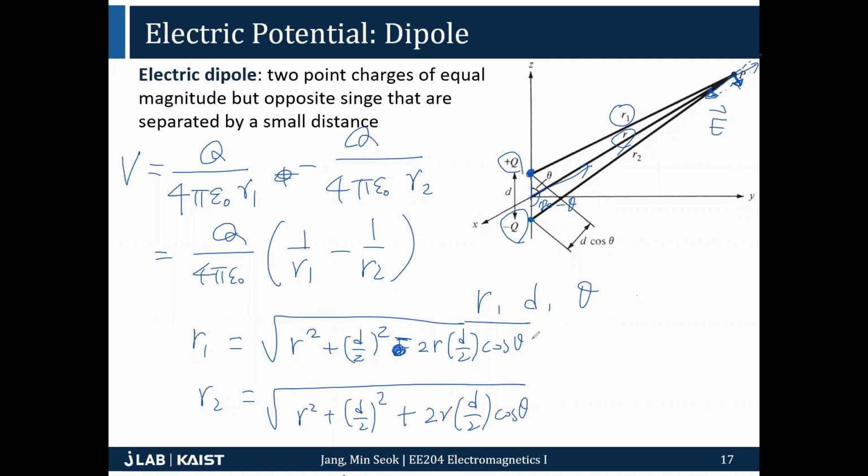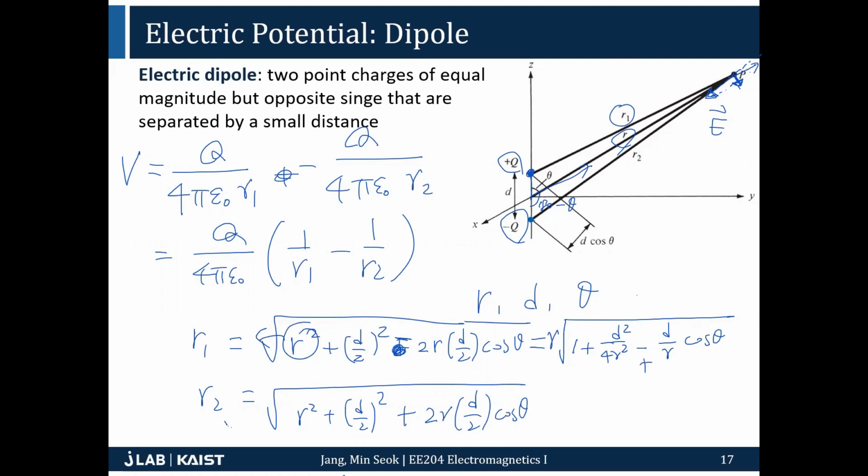And then you can take R out, okay? If you take R out, then this becomes R times the square root of 1 plus D squared over 4R squared, minus D divided by R cosine theta. And similarly, this becomes plus.